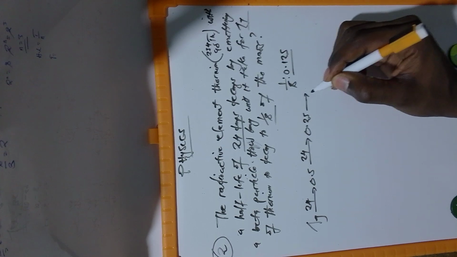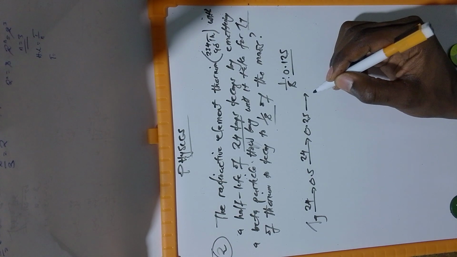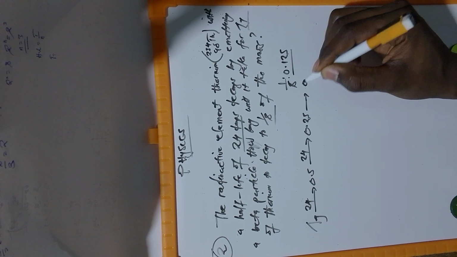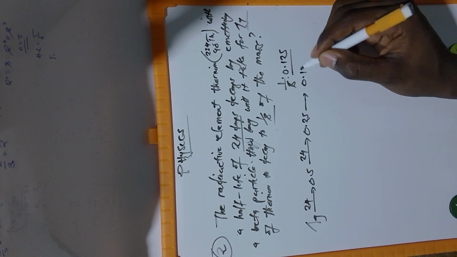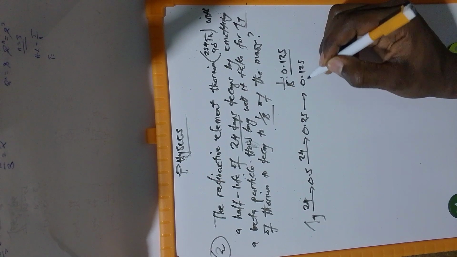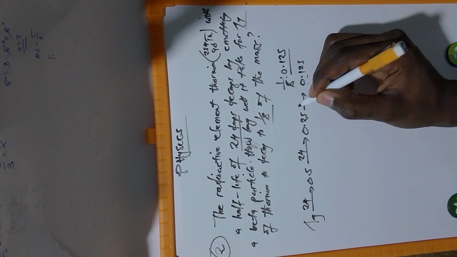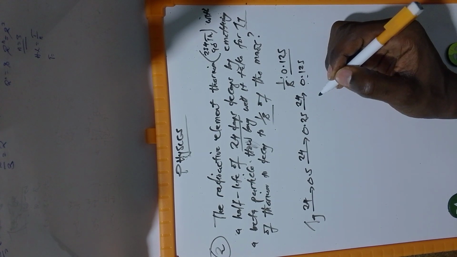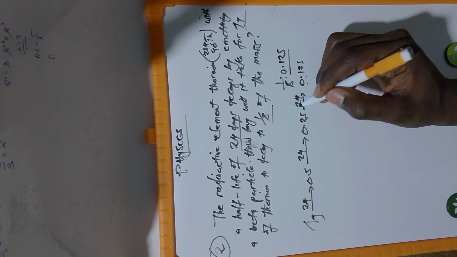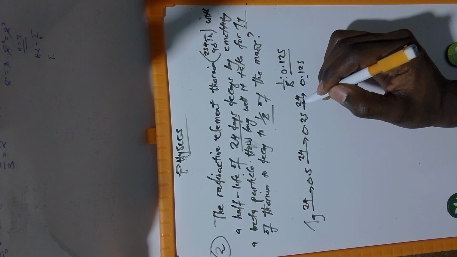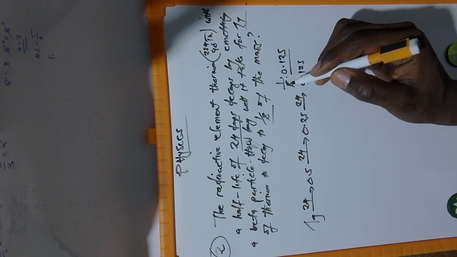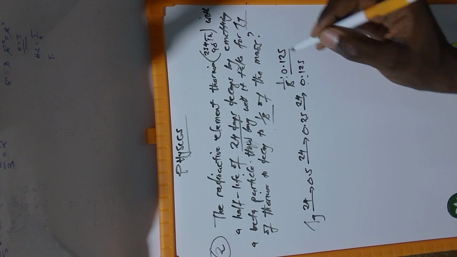So from here, the half-life of 0.25 will give us 0.125. So this number and this number now, they are tallying. Hence, we know that it has taken 3 half-lives for 1 gram to reach 0.125.